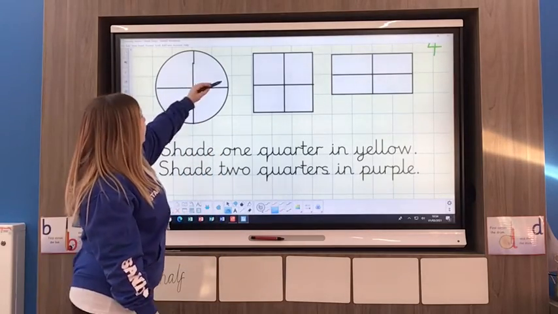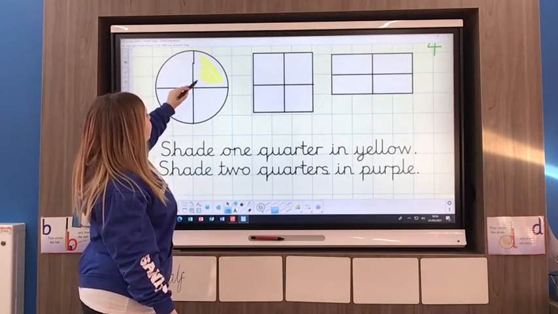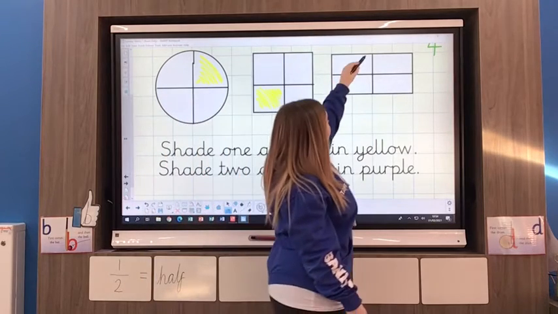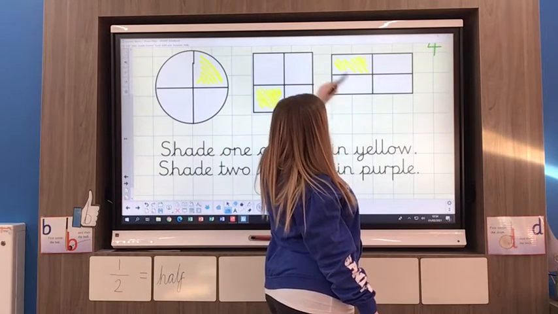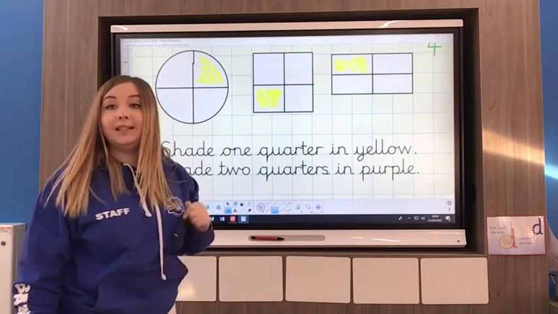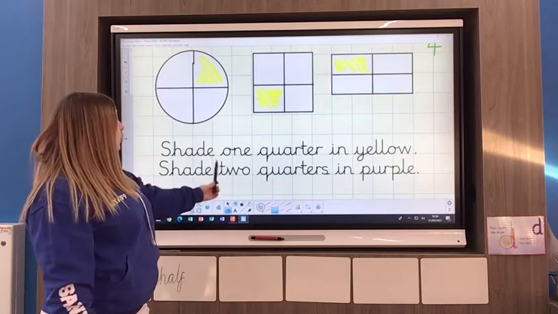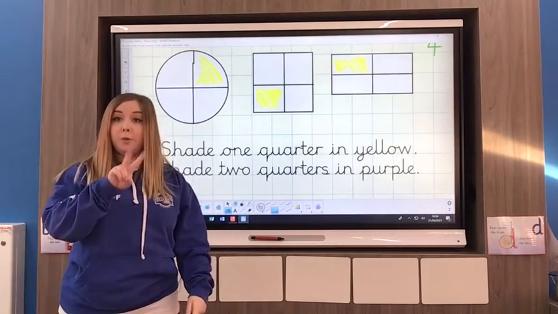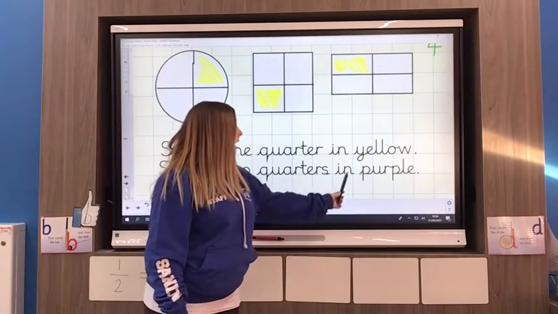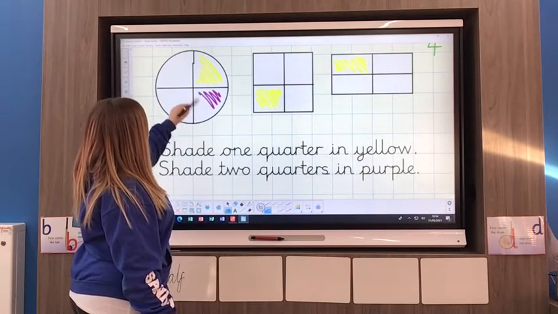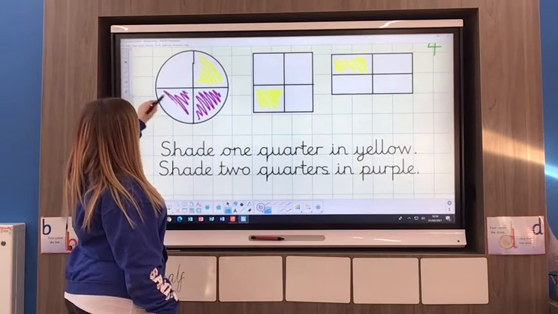So I'm going to choose 1 piece and colour that in yellow for each shape. And it doesn't matter that I've chose different pieces. And then it says shade 2 quarters, so 2 of those pieces in purple.